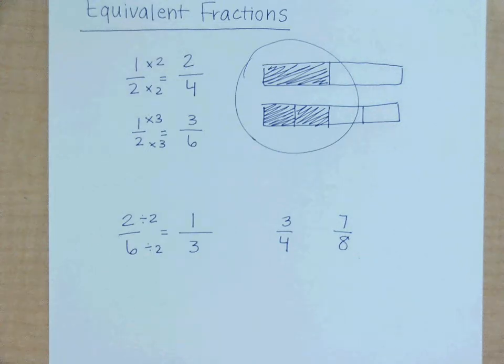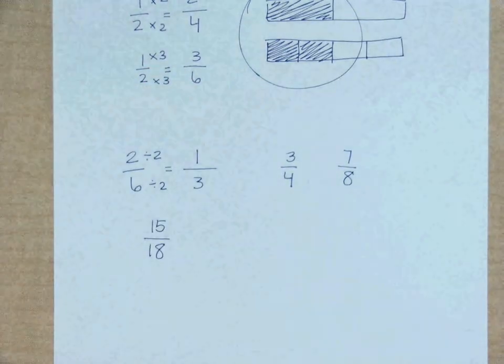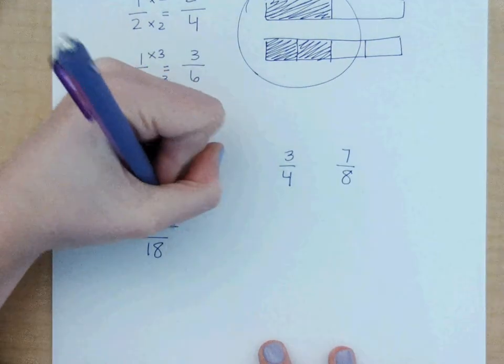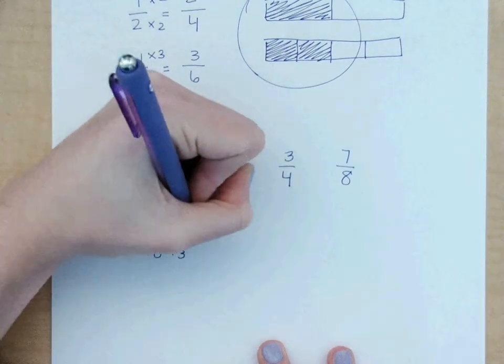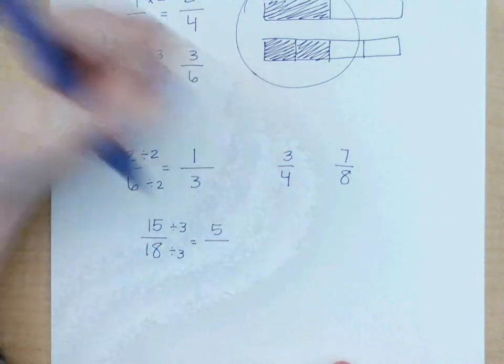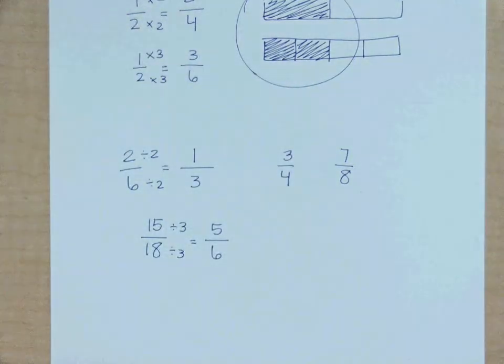No, what would I have to do? Multiply. What if I gave you 15/18? You could divide. I could divide by 3. So 15 divided by 3 would give me 5. 18 divided by 3 would be 6.